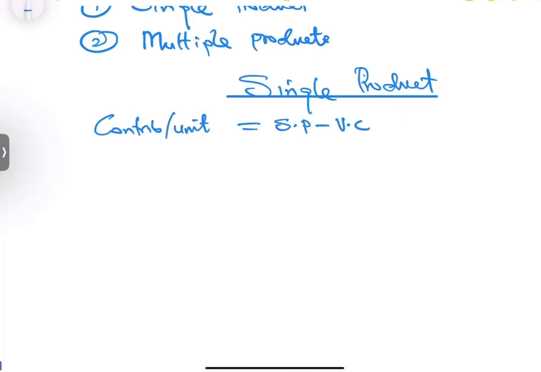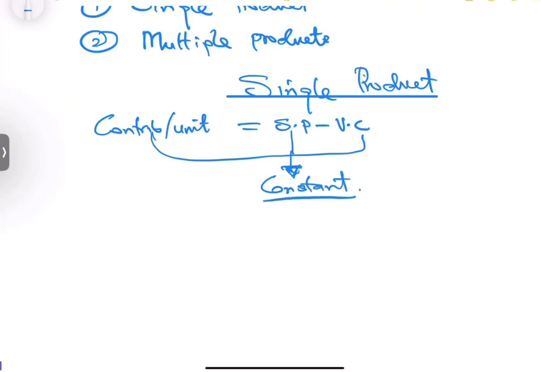So definitely, for a single product, our contribution is going to be constant, because selling price is constant per unit, and likewise variable cost will be constant per unit. So invariably, there's a general assumption that they are always constant.